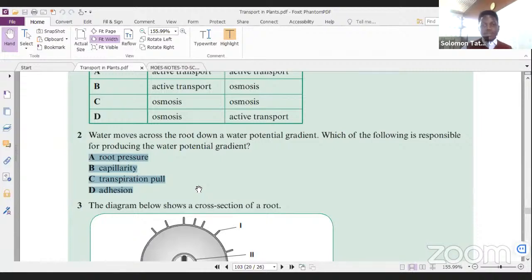Yes, please. An answer and why. Keton says C, transpiration pull. Okay, why? Who can tell us why? Why transpiration pull?